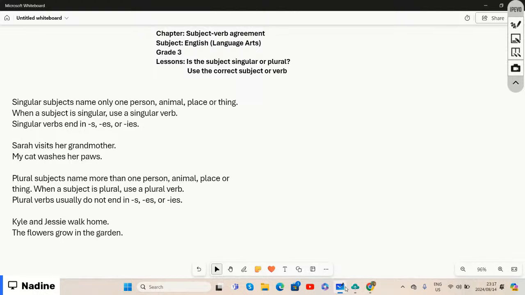We said with singular subjects, singular subjects name one person, one animal, one place, or a thing. And our singular subject uses a singular verb where we add s, es, or ies.